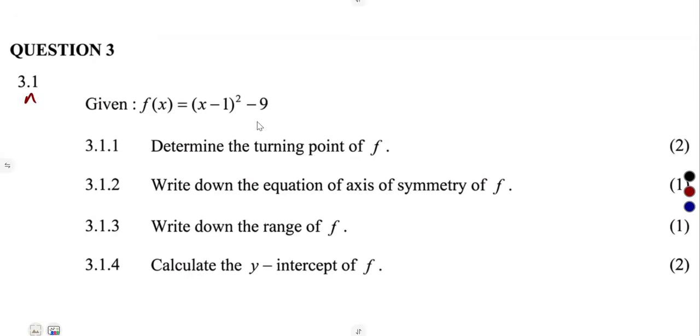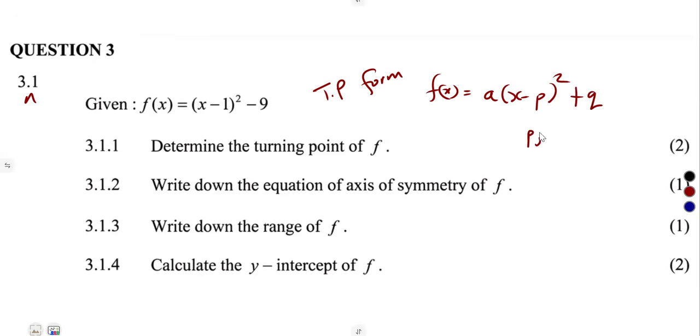That's a parabola given in the turning point form. Remember your TP form where f of x is equal to a into (x minus p) squared plus q, where the point (p, q) represents your turning point. They say 3.1.1, determine the turning point of f from the TP form.